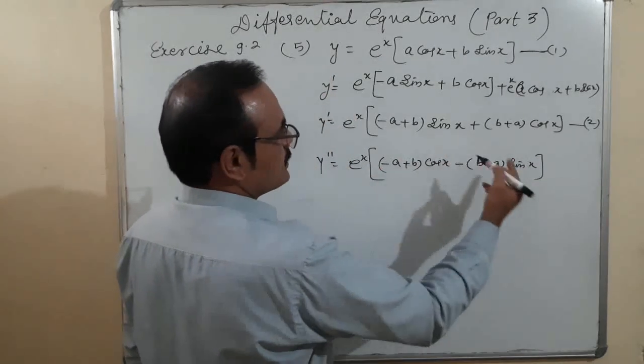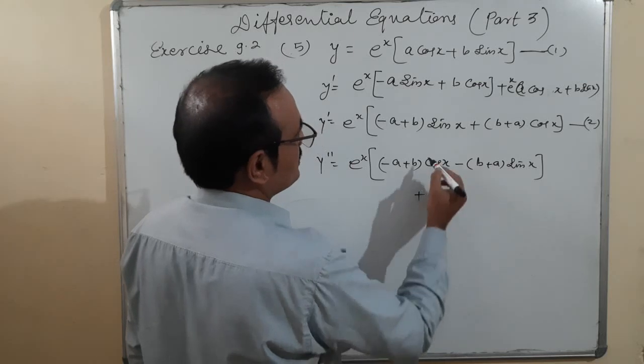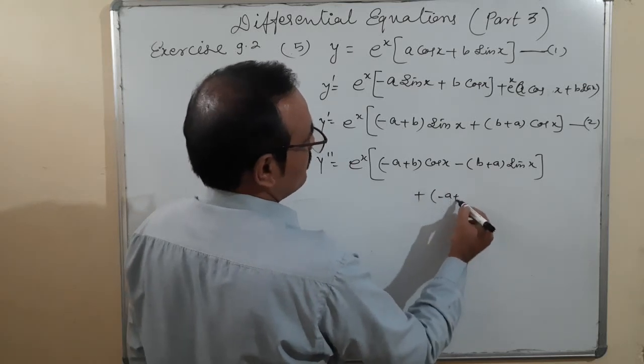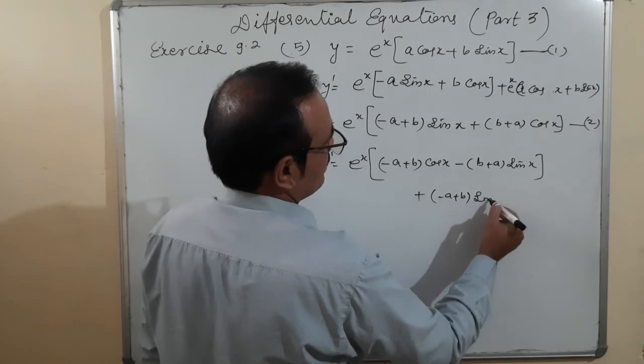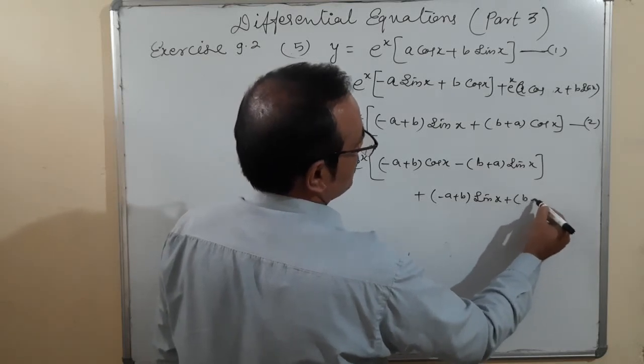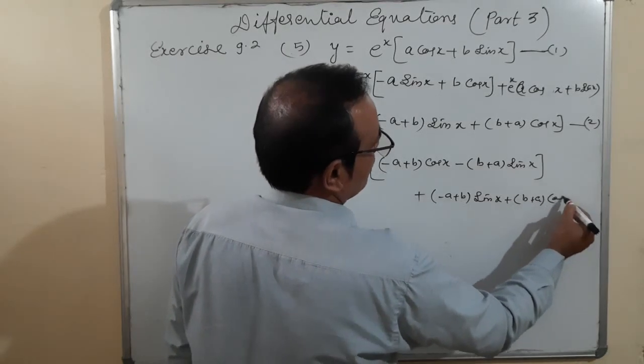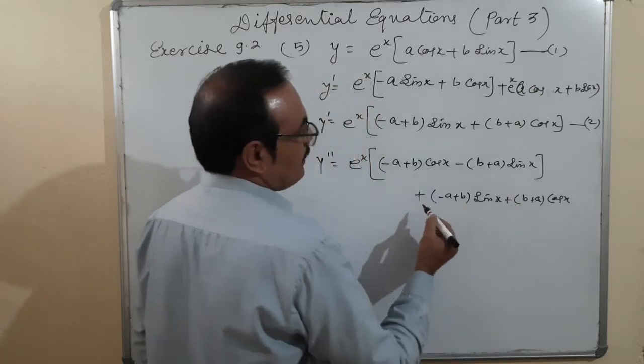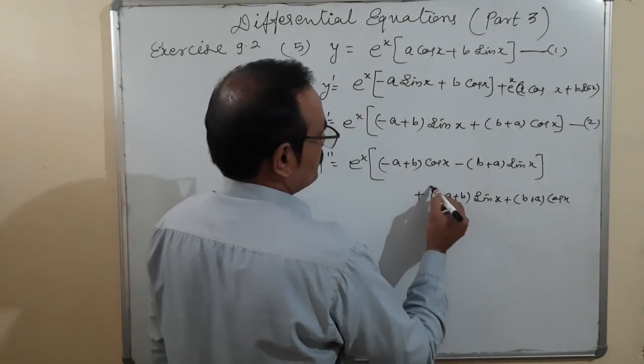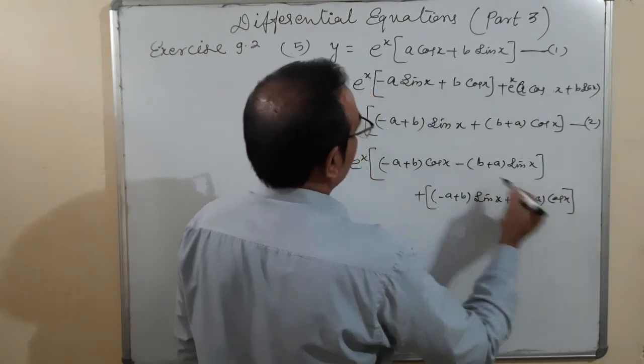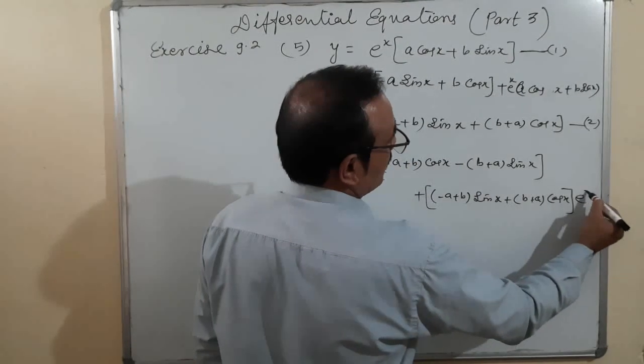First function, differentiation of second function plus second function, minus a plus b sin x and plus b plus a cos x into differentiation of first function e to the power x as it is.